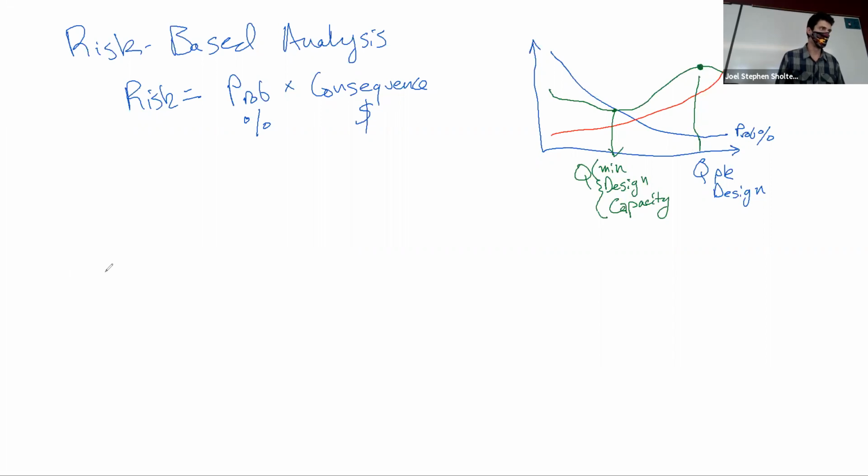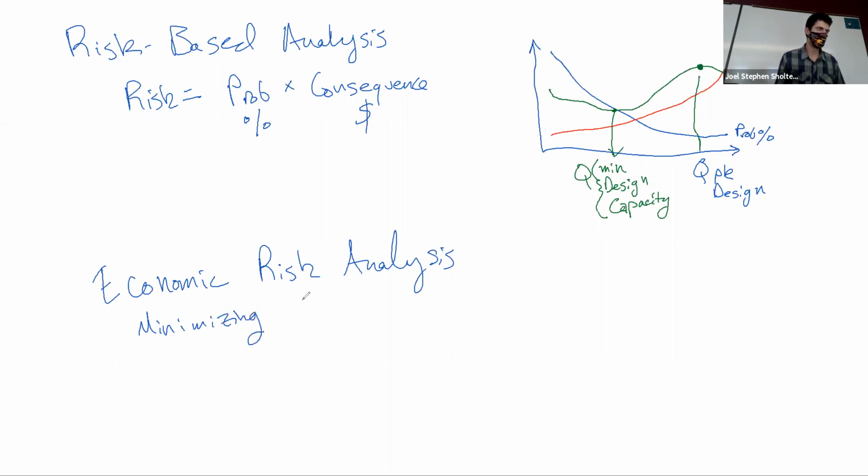We could also think about economic risk. This is taking another step. And so this would be a little bit more of an integrative approach. And so the idea of this is that we're minimizing the total expected costs.